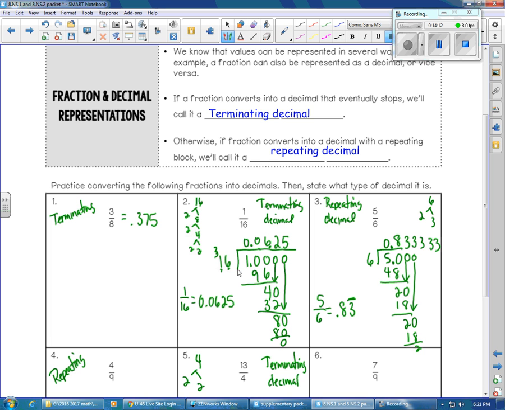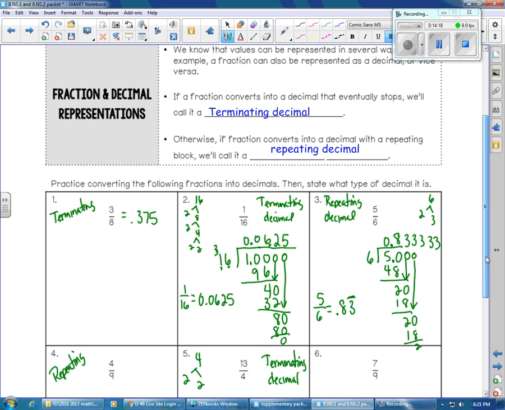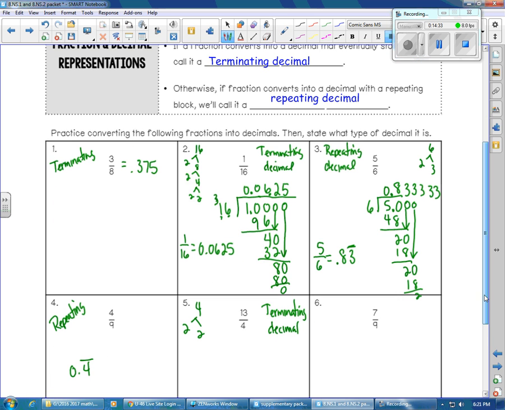If you prime factor your denominator into anything other than a 2 or a 5, it's going to be a repeating decimal. You continue doing your division until you see your repeating pattern, and your repetition bar goes only over that portion of the decimal that is repeating. So that's summarizing the first lesson that we had.